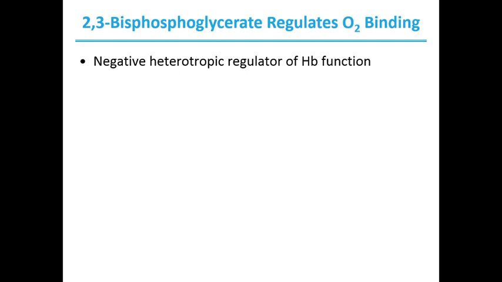2,3-bisphosphoglycerate regulates oxygen binding. 2,3-bisphosphoglycerate is a negative heterotropic regulator of hemoglobin function.